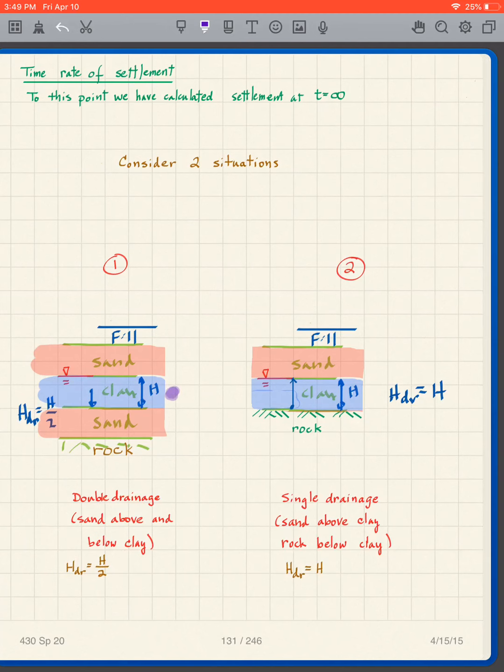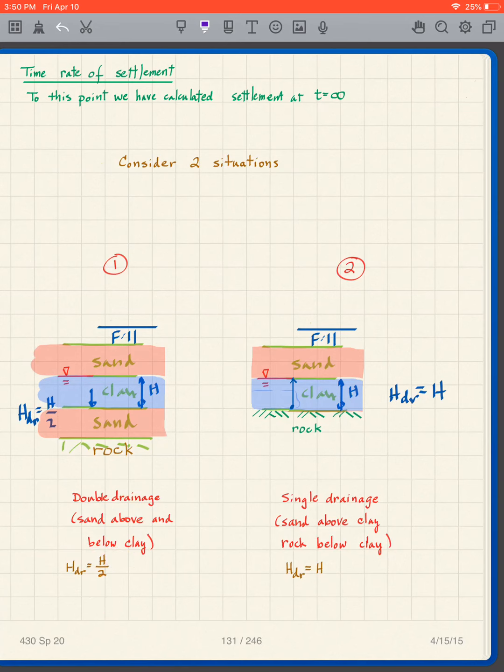So the worst case particle is in the center. It can go up, it can go down, but the farthest that point has to travel is H over 2. So HDR is H over 2 for double drainage.